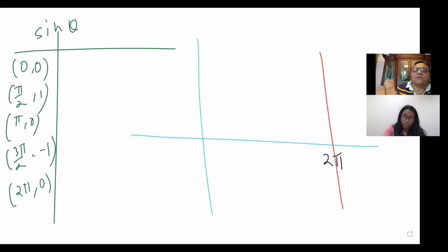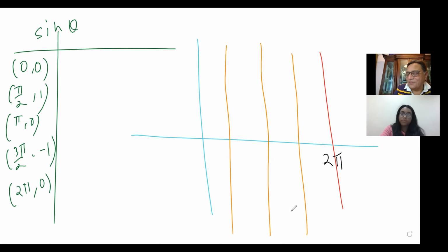To sketch this graph, I'm going to divide this into 4 equal parts. So this one cycle means a time period of 2 pi, correct? So this is the time period, which is 2 pi, correct?